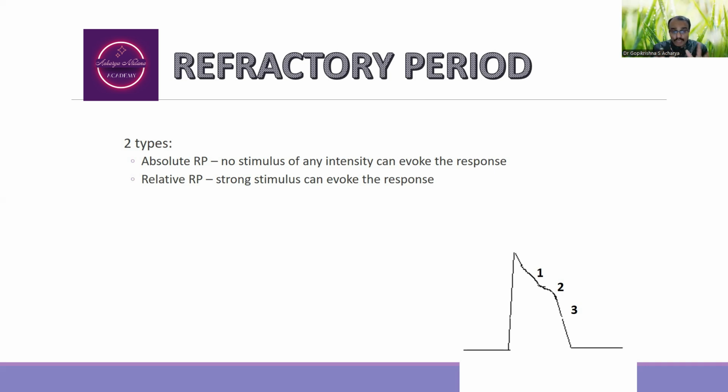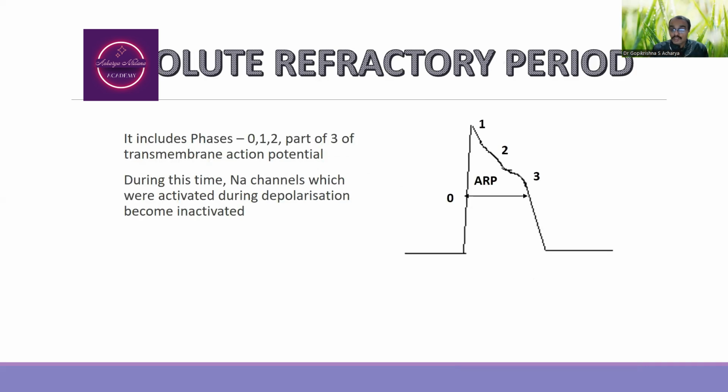Now we are going to see what this means. The absolute refractory period covers phases 0, 1, 2, and part of 3, the area where depolarization may not occur if you make a stimulus of the myocardial cell.